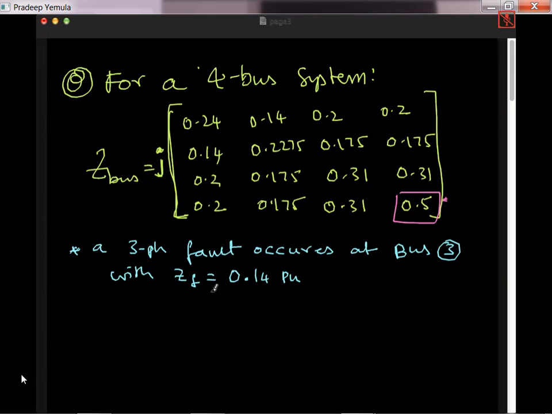So this is the fault impedance. Determine the fault current and post fault voltages.